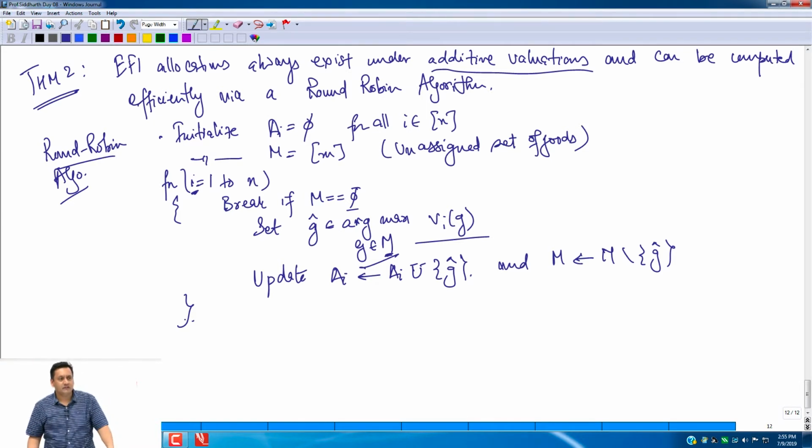Again, this is not something I'll be able to substantiate in the interest of time. Round robin is a very interesting algorithm in the context of discrete fair division. Even for problems where you would imagine that this won't work, something called Maximin fair division under submodular functions, round robin ends up being successful.